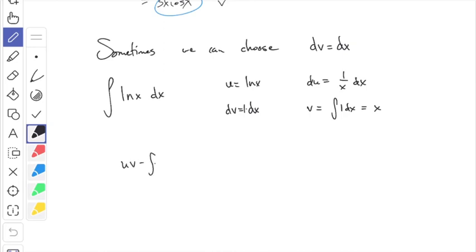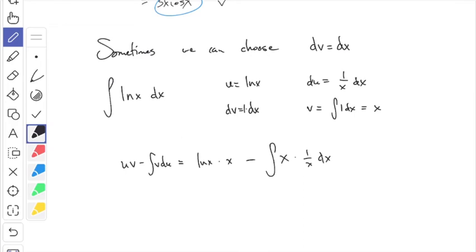And so we can do the integration by parts formula. uv minus integral v du is, okay, u is ln x, v is x, minus the integral of v, which is x, times du, which is 1 over x dx. All right. Can we simplify the integral there?